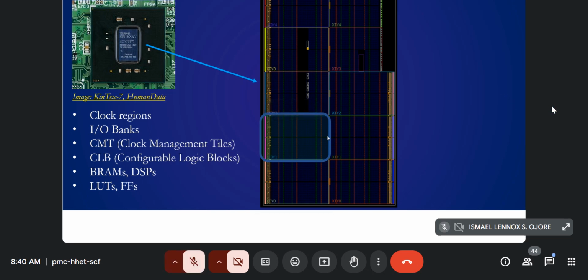CLB. Yes. Even from the name, the configurable logic blocks are really what makes the FPGA be termed as programmable. It means you can configure those logic blocks to implement the circuit that you want to implement.